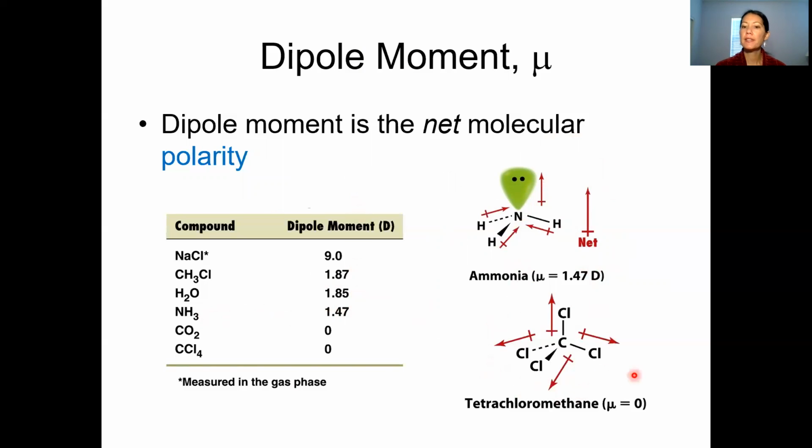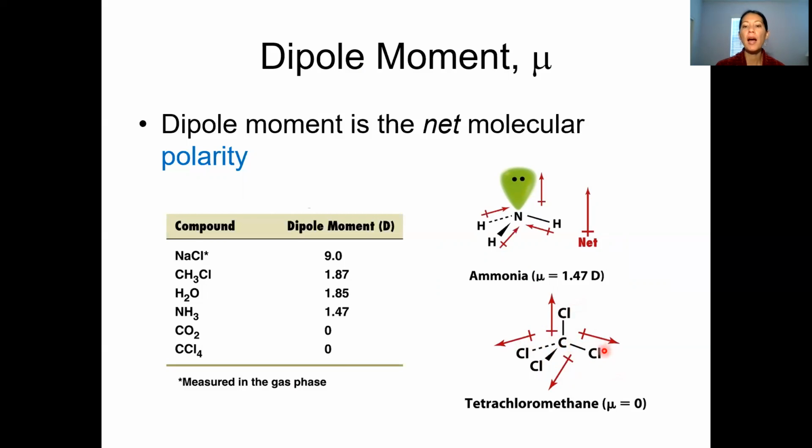If you look at CCl4, carbon tetrachloride, each of these has bond dipoles because chlorine is more electronegative than carbon. It'll result in a dipole. But look at the shape. 4 groups around carbon, tetrahedral, perfectly symmetric. So it may not look perfectly symmetric to you, but it is.